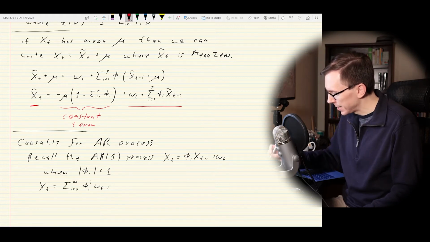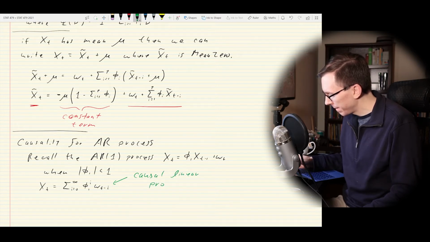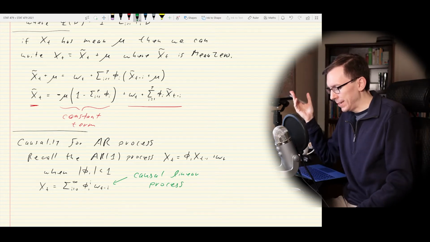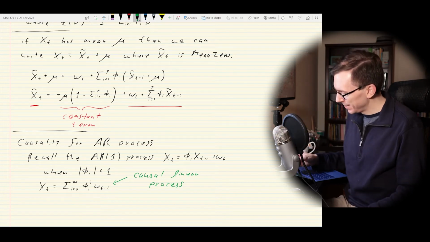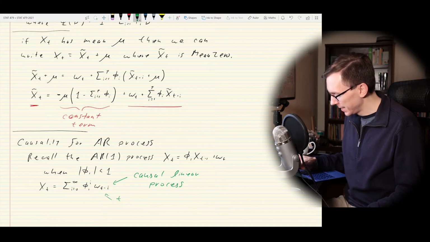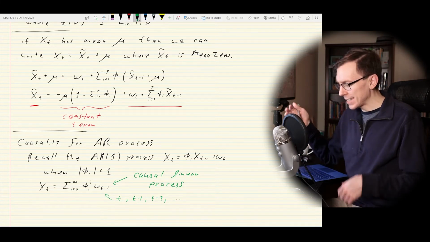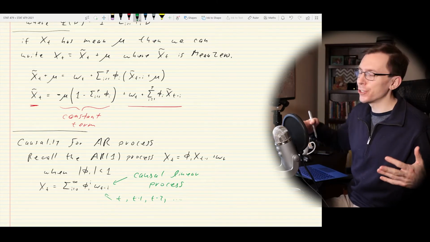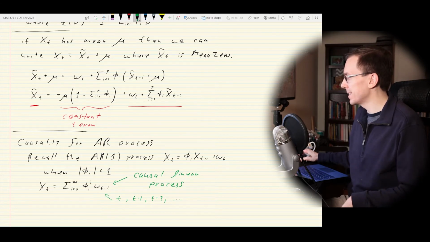So the idea is that this is a causal linear process. It only depends on white noise that goes into the past, which is why it's causal. Basically, this is t minus 1, t minus 2, etc. When we first looked at a linear process, you could index it into the past and into the future, and then it would be non-causal. But at least in this case, we have this nice causal representation.